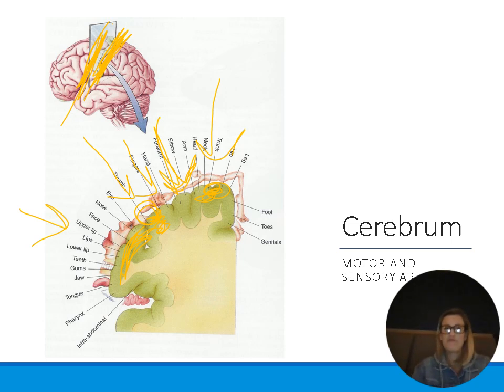the face, for example, look how large the face is on here, with the lips being very, very big. Look at the tongue. The tongue is out here, very lateral, and it's a very big part of this. So cortical representation is based on functional importance, not size.